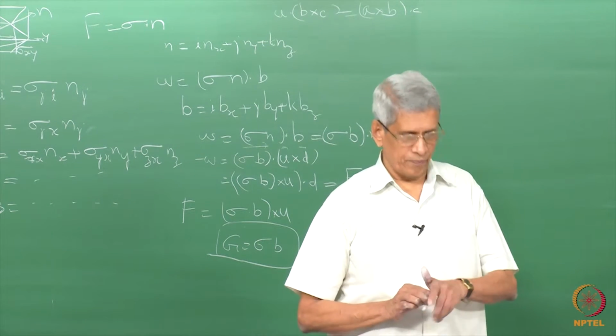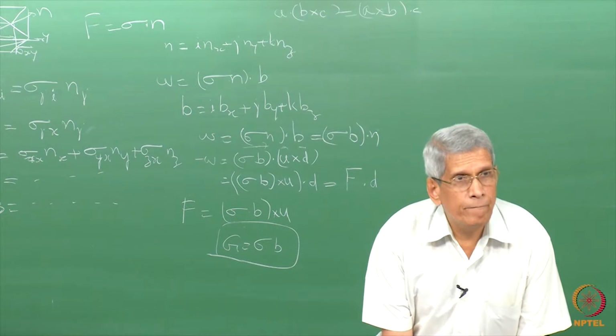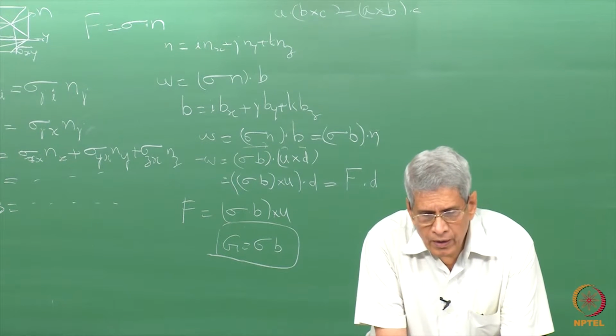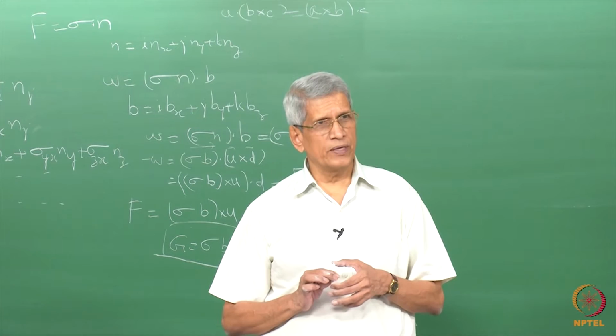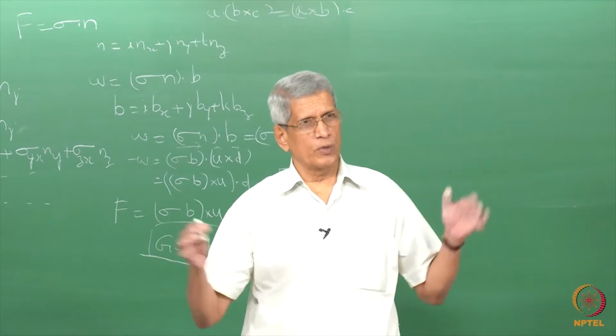Let us consider some examples. One is the effect of external stress on the dislocation motion, which we will consider on a single dislocation. Another is, suppose dislocations are present within the material, what are the types of forces which are going to act between the dislocations when more than one dislocation is present?